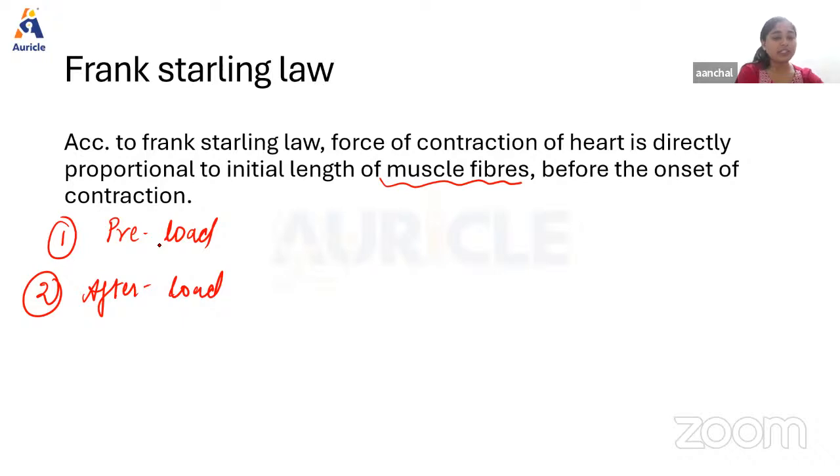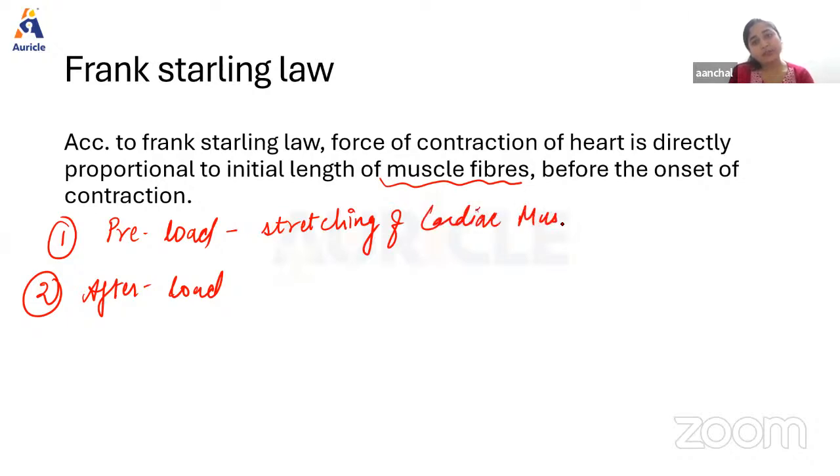So preload is basically the stretching of the cardiac muscle fibers at the end of diastole, means just before the contraction. Okay, and this occurs due to increase in ventricular pressure that is caused by filling of blood during the phase of diastole.